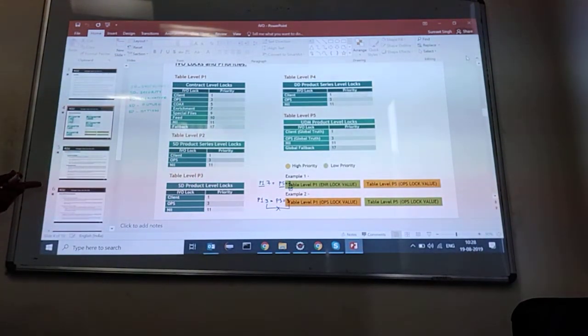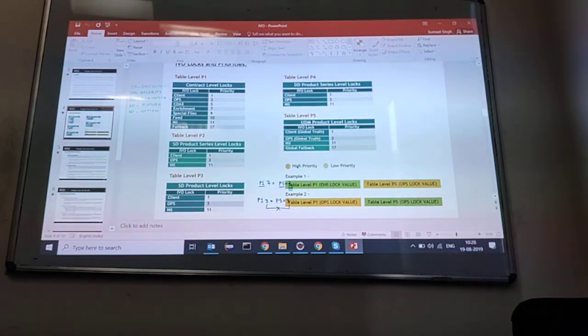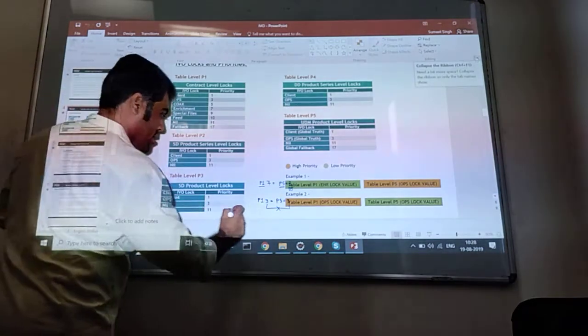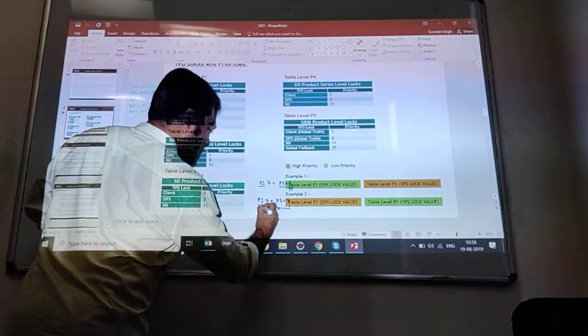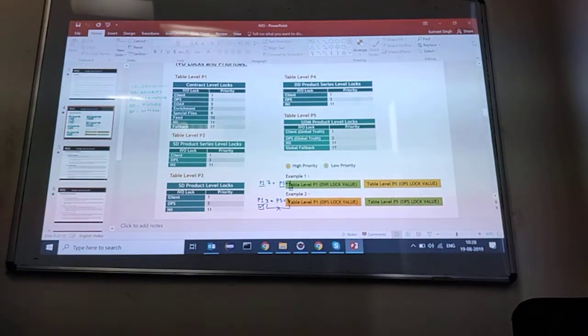So now it will consider the table level, so the P1 ops lock value will win. You understand this, Sumit? Not getting confused, right? This is simple. Table level priority comes into the picture only when the locks are on the same level. Otherwise, the lock level priority will always get consideration.